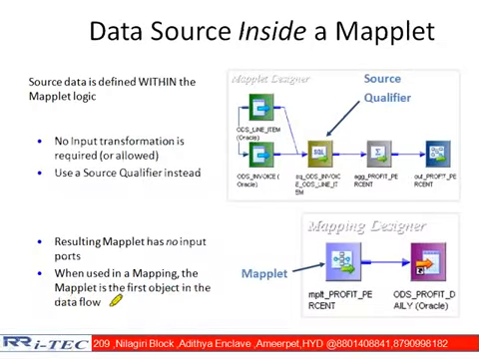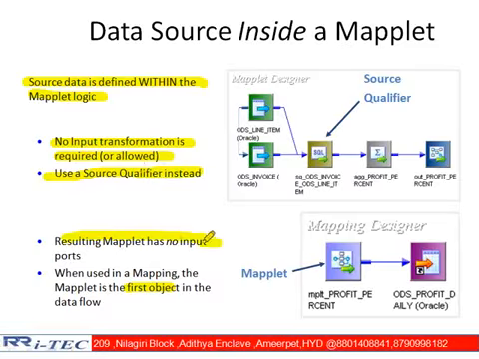This time, it should be the first object, because inside this one we have the source also. Source data is defined within the maplet logic. No input transformations are required or allowed. Use a source qualifier instead. Then the resulting maplet has no input ports. When used in a mapping, the maplet is the first object in the data flow. Is it clear?